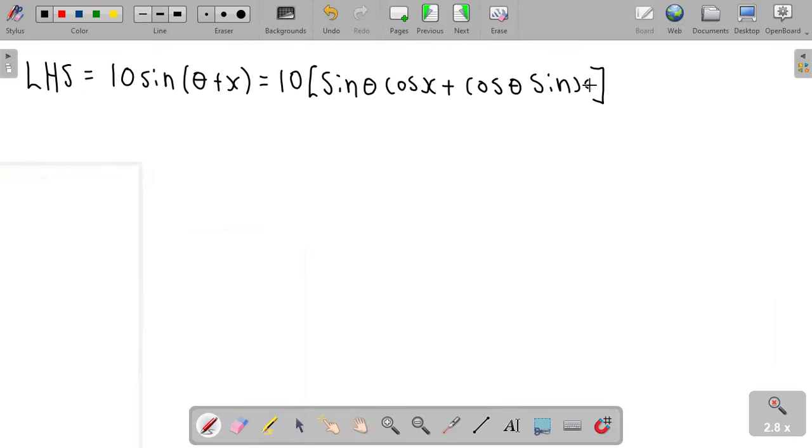This is the expansion formula. These are compound angles.